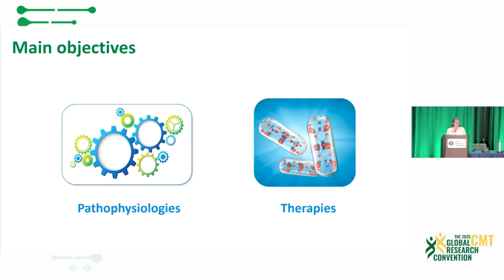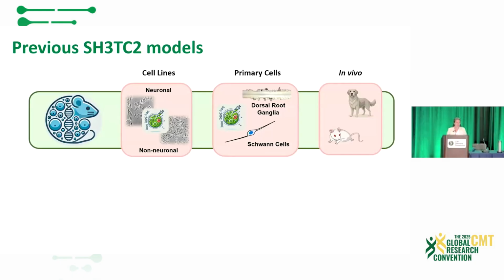Our main objectives are to better understand the pathophysiology and to test therapies. To do that, we need models, and I will show you the previous SH3TC2 models. Most were from animals, especially mice, and there were neuronal or non-neuronal cell lines that were transfected.